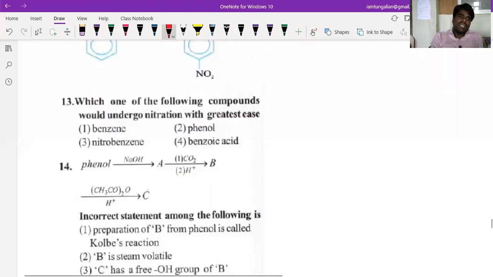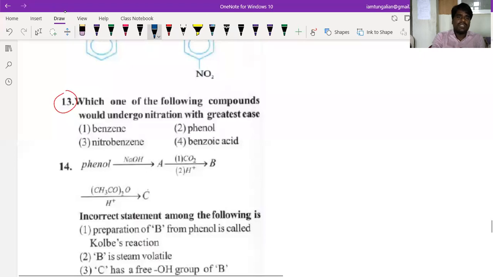So look at question number 19. Which one of the following compounds would undergo nitration with the greatest ease? See, beta, what does nitration mean? Reaction of aromatic compounds, beta. Let me tell you the reason here.